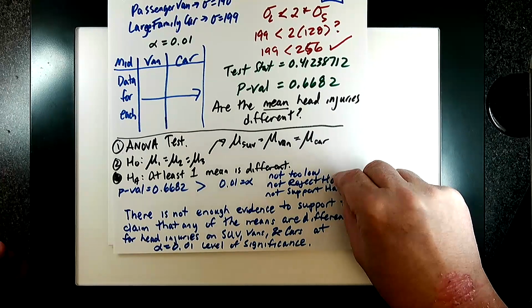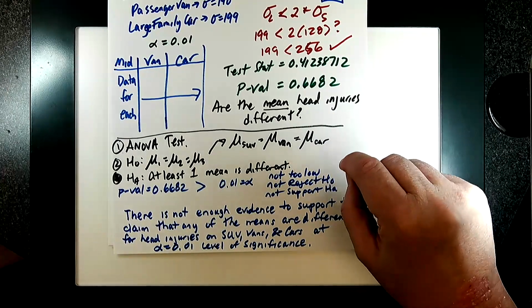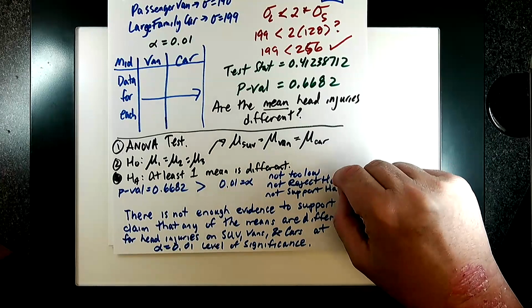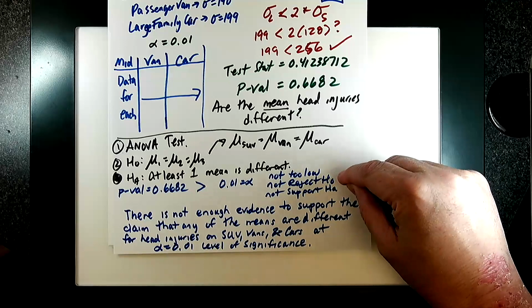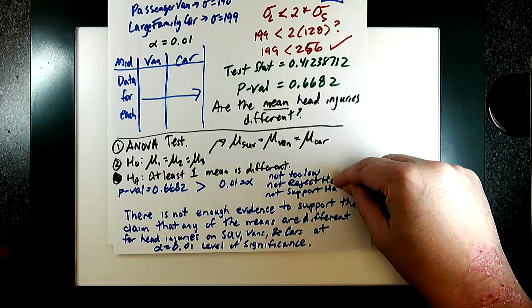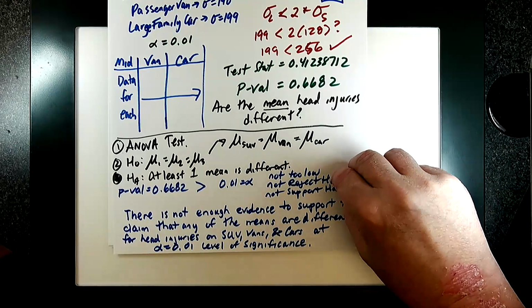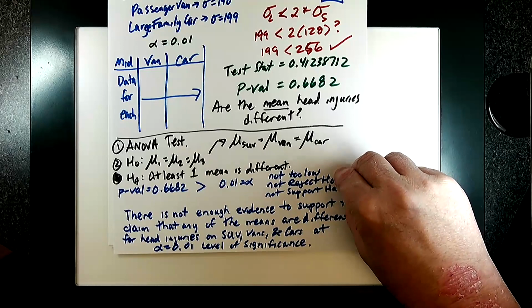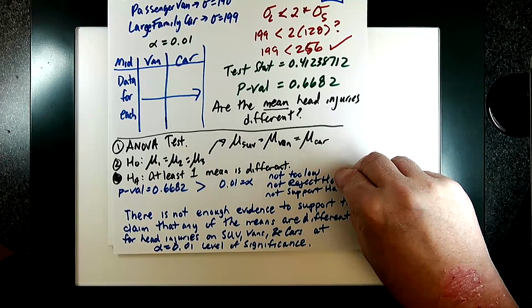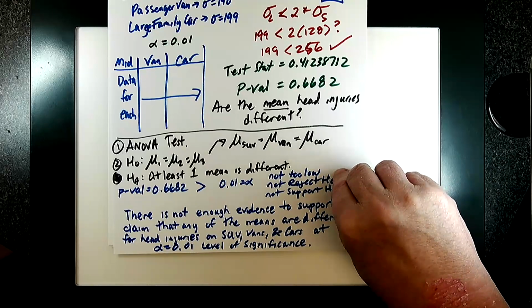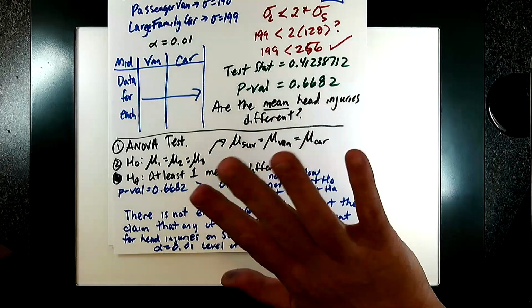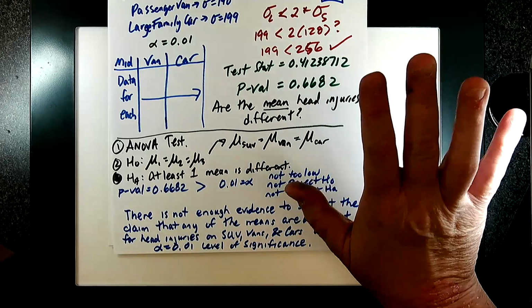Make sure, this is a big thing. We are never talking about rejecting or not rejecting HA. We are either rejecting or not rejecting H naught. We never talk about supporting H naught. H naught has already been supported. That's the old news. So don't say that we do not support H naught. We're never supporting H naught. H naught has got its own support.